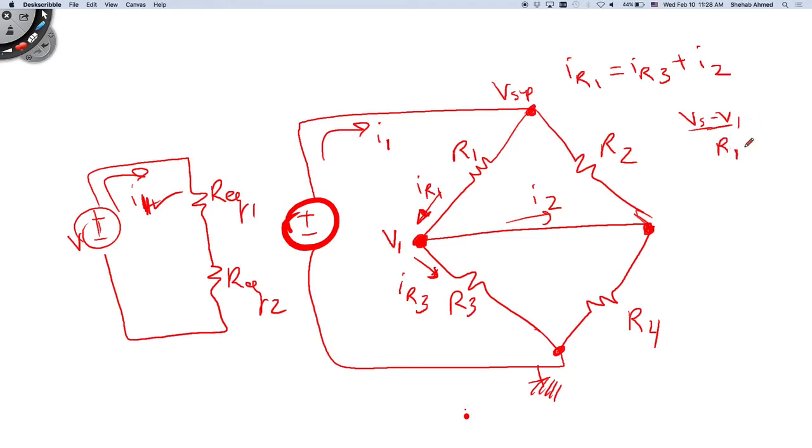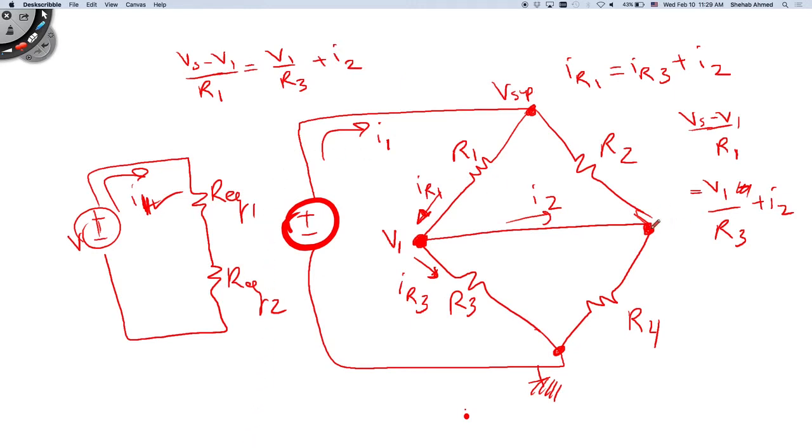That's equal to IR3, which is V1 minus 0 over R3, plus I2. So I have V supply minus V1 over R1 equal to V1 over R3 plus I2.